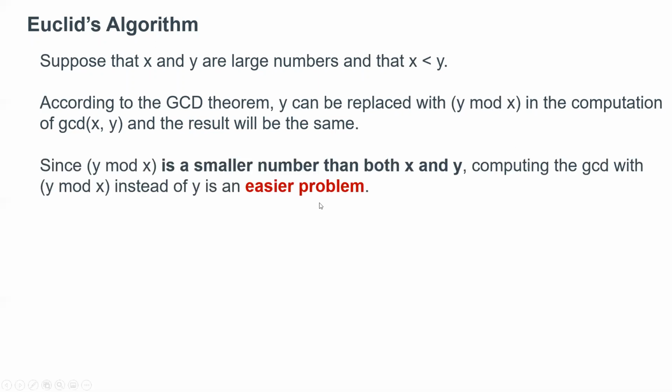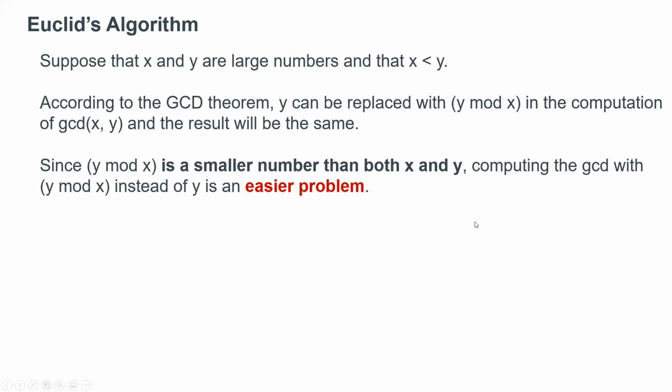As we saw in that example, Y mod X is going to be smaller than both X and Y, so computing the GCD of Y mod X along with X, instead of with the Y, is going to end up being an easier problem.